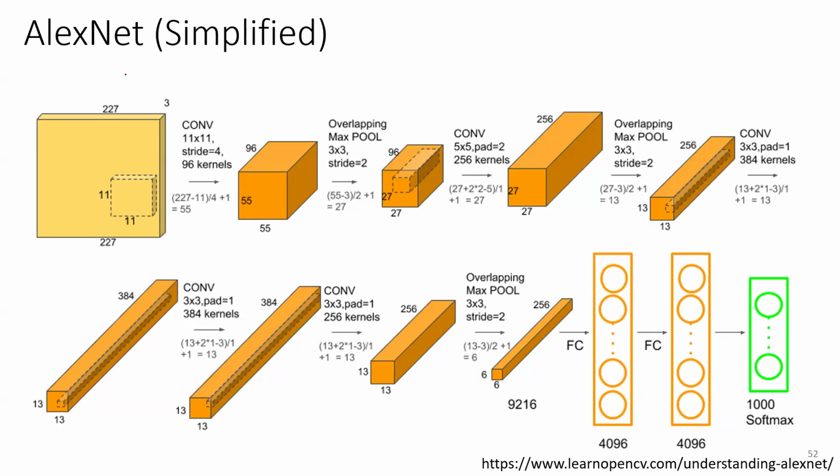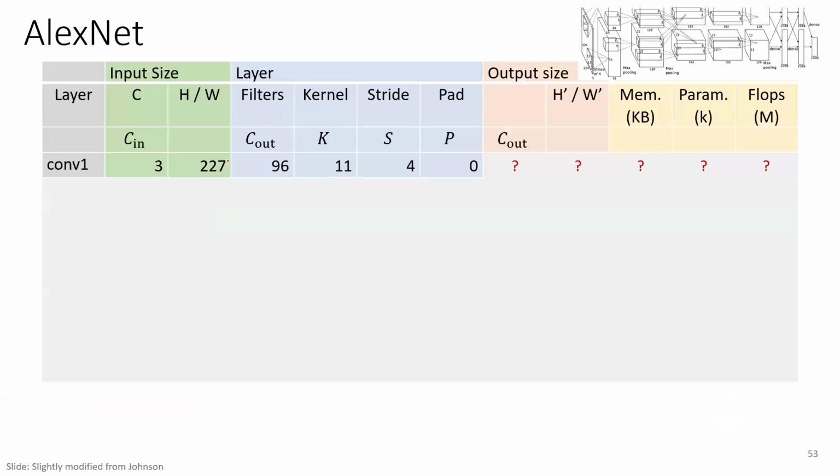In class last week, we looked at the simplified version of AlexNet, and we identified that convolutions happen, max pooling things happen, and fully connected layers are there. Then we analyzed the amount of memory used by each of these layers, the number of parameters, and the number of floating point operations.